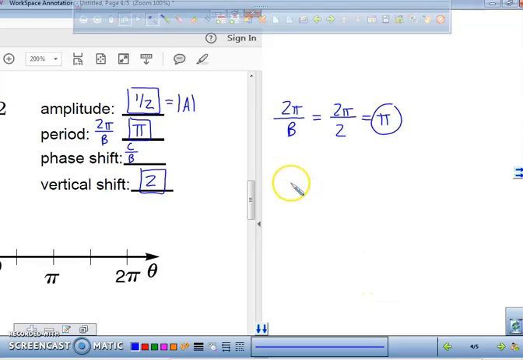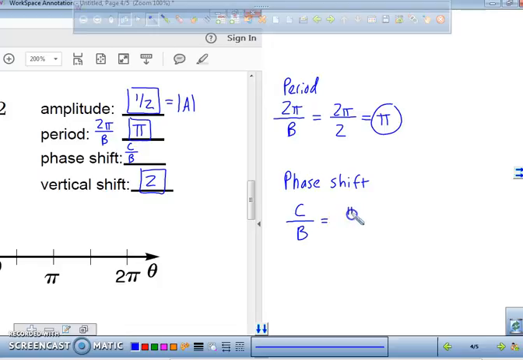Phase shift. Remember, this right here is the formula for the period. Now I'm going to do the formula for the phase shift. And the phase shift deals basically with the translation left or right. So going up or down, left or right. The phase shift formula is the c value over the b value. Do we know the c value? What is the c value?